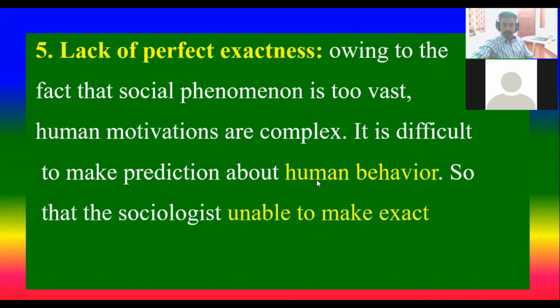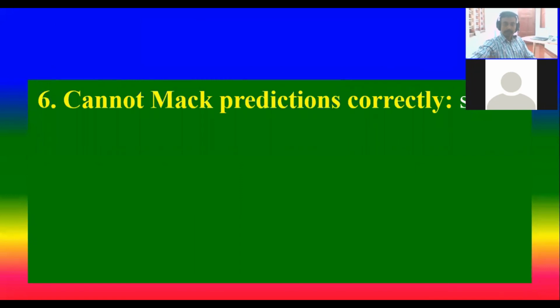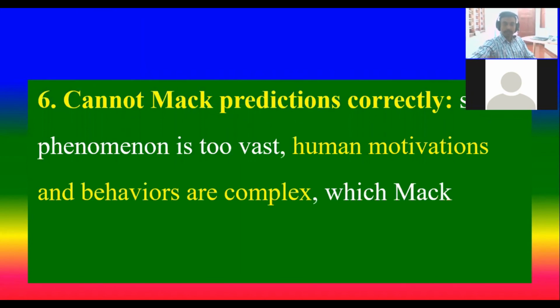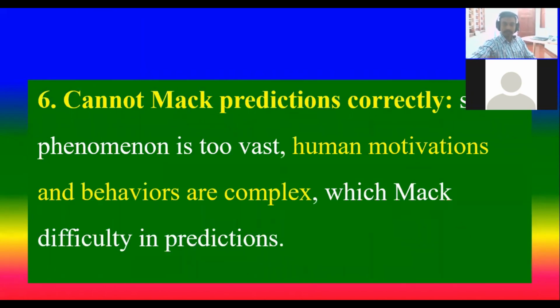It is difficult to predict human behavior, and unable to make exact knowledge regarding behaviors. Sixth one, cannot make predictions correctly, as already discussed. Human motivation and behavior are complex and difficult to predict. So the study of sociology is not a science.